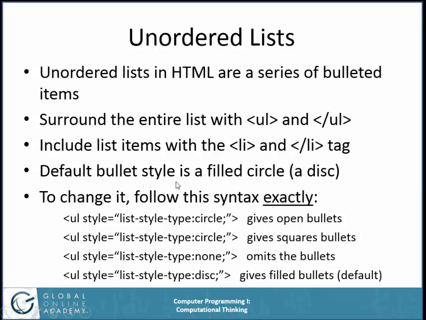The default bullet style, if you do nothing to change it, is a filled circle, which HTML calls a disk. This is your normal standard bullet that you'd see, like these little bullets right here in PowerPoint. To change it, we've got much more complicated syntax.